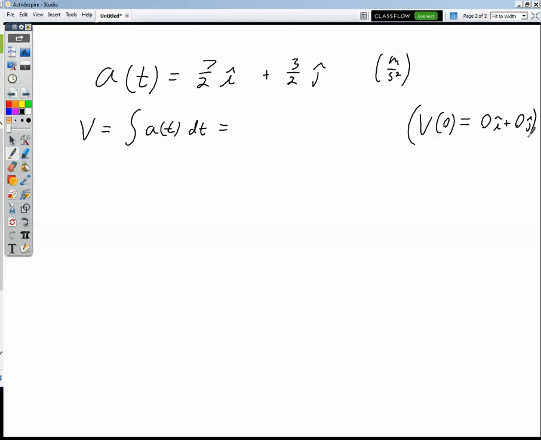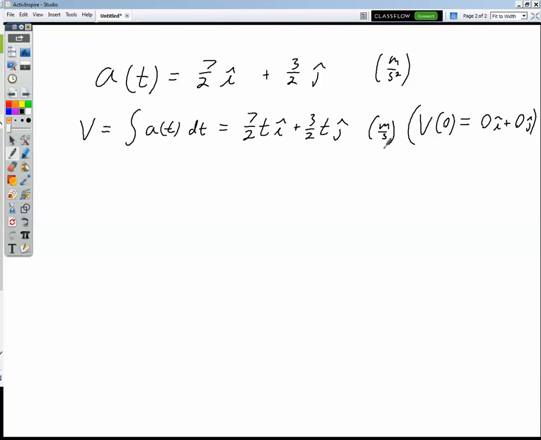So it starts at rest. That's our initial condition. So integrating our acceleration function, we have 7 halves t i hat plus 3 halves t j hat, and this is in meters per second.